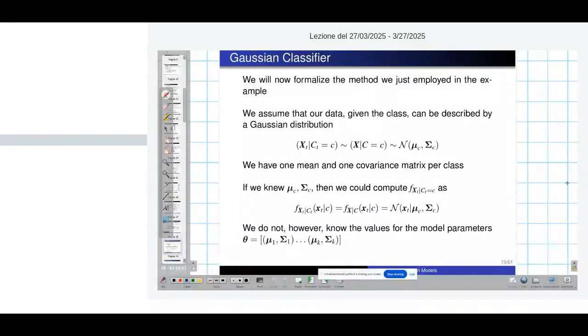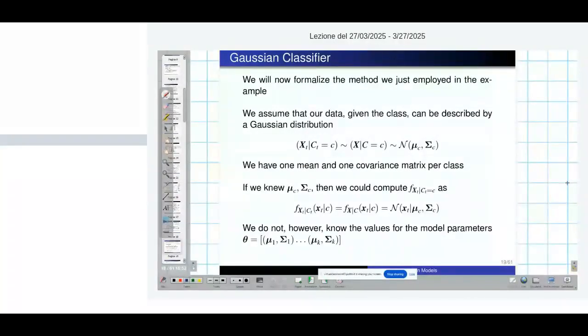Now, we will try to formalize all this in a way that leads us, of course, to the same solution as the intuition for the simple task, but also tells us how to proceed when things become more complex. So it gives us a framework that, again, as for the maximum likelihood for the Bernoulli, will lead to solutions that are reasonably simple, exactly the solution that we saw for the problem that we analyzed now, but gives us a way to look for solutions where things become more complex.